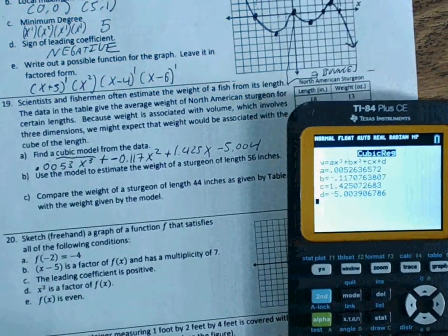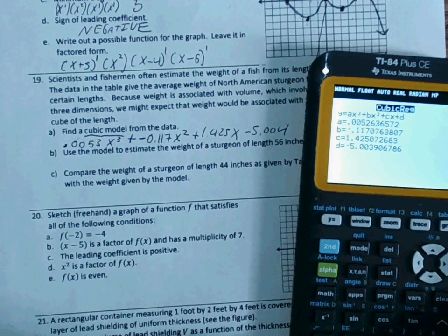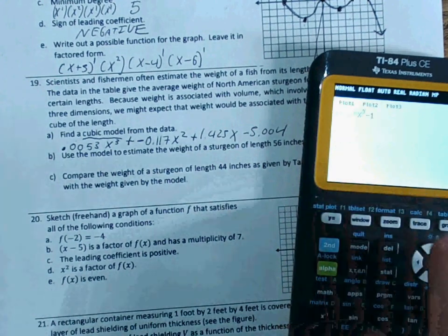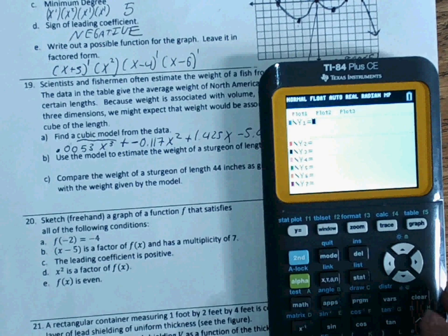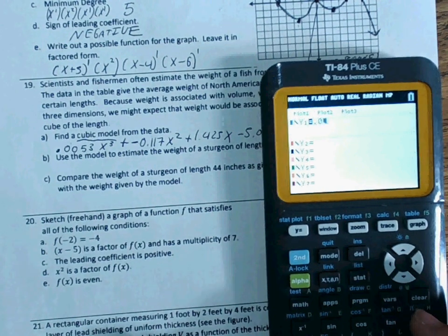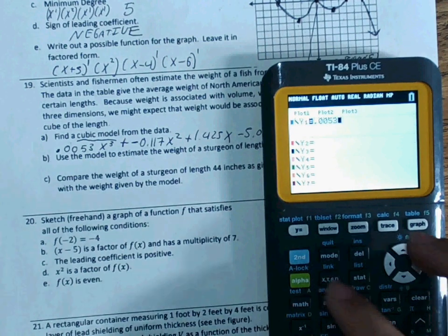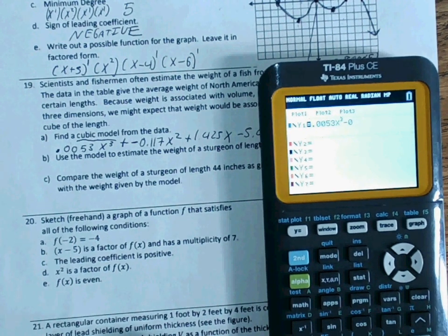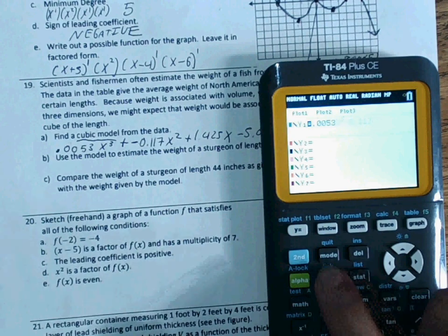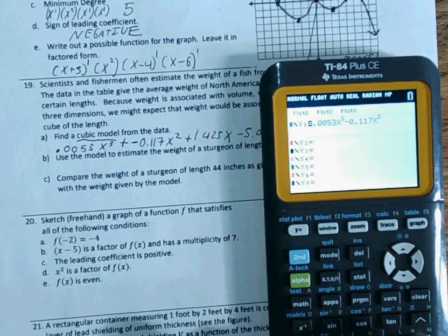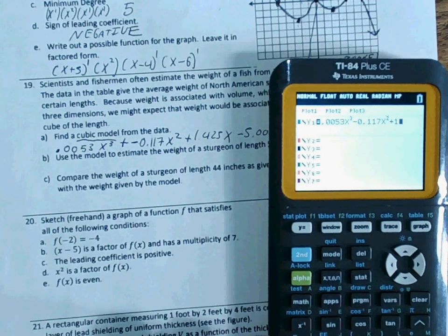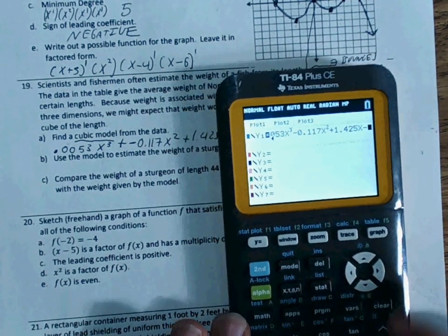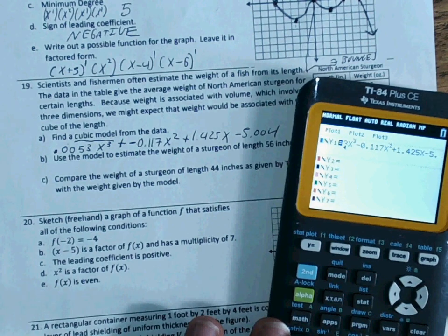And now that I have that in my calculator, to estimate the weight of a sturgeon at 56 inches, it would ultimately be easier to just, for our function, find a value of 0.0053 x cubed minus 0.117 x squared plus 1.425 x minus 5.004.